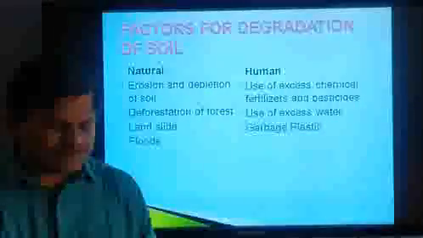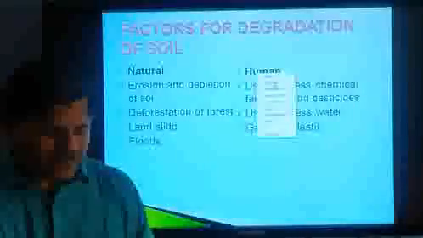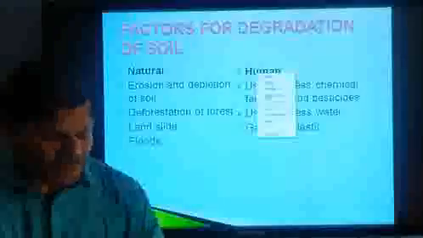Then relief: altitude, slope, accumulation of soil. Flora, fauna and microorganisms decide the rate of humus formation in the soil. The fifth factor, time, decides the thickness of the soil.